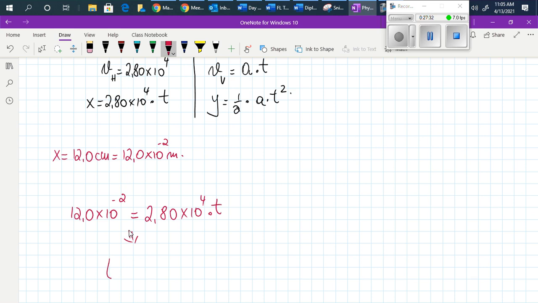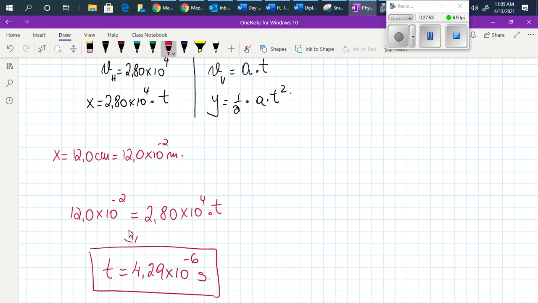And from here, time will be 12 times 10 to the power of negative 2 divided by (2.88 times 10 to the power of 4). Use brackets, please. So this will be 4.29 times 10 to the power of negative 6 seconds.